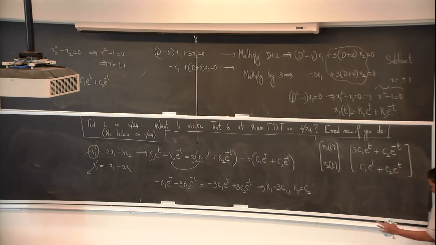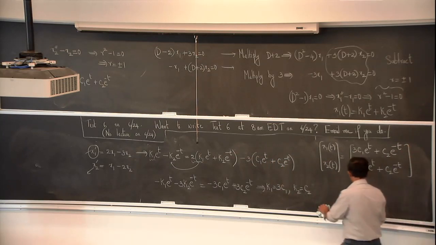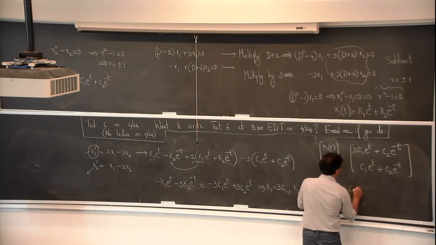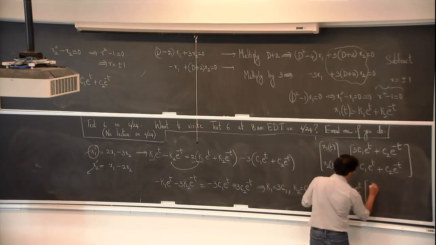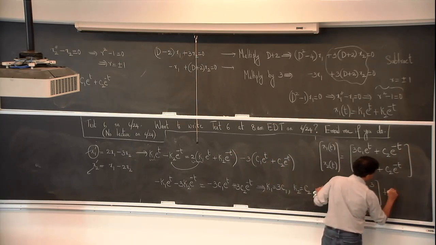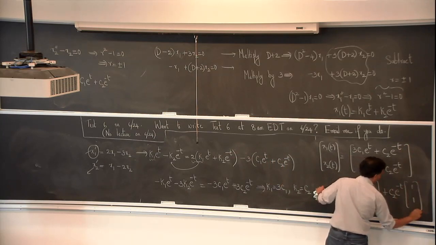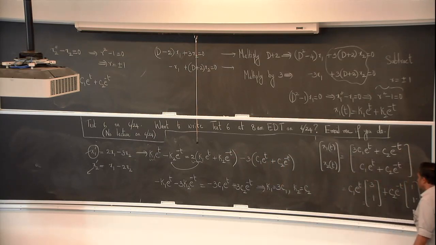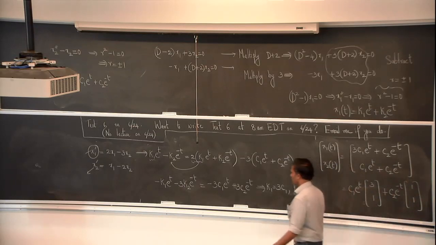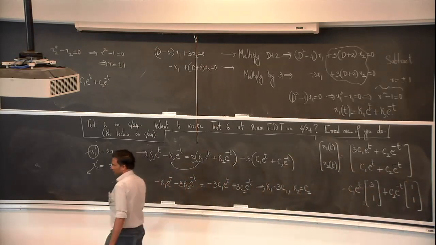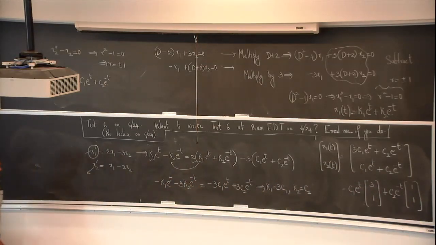Once again, just for illustration purposes, I'm going to separate it out. So it's c1 e to the power of t times (3, 1) plus c2 e to the power of negative t times (1, 1). So that is my solution after some struggle.